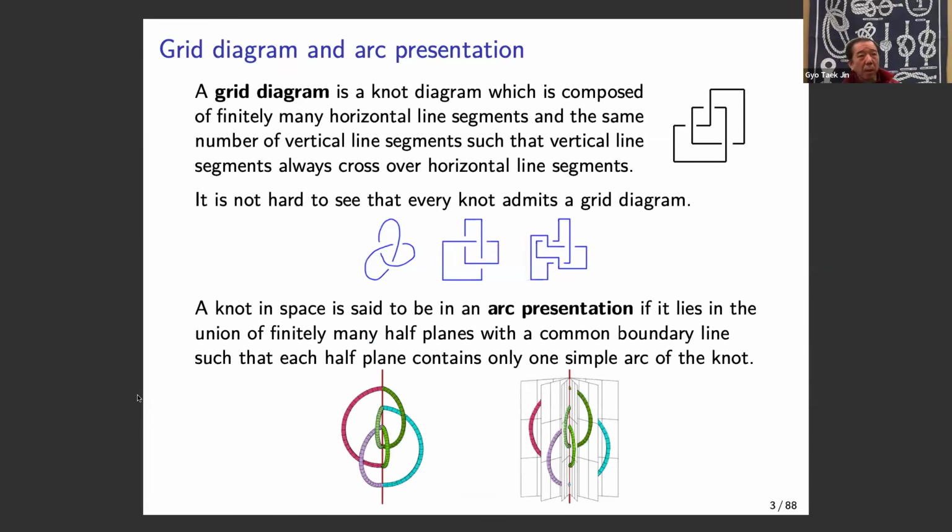And a knot in space is said to be in an arc presentation if it lies in the union of finitely many half planes with a common boundary line such that each half plane contains only one simple arc of the knot. The figure on the bottom shows the figure 8 knot in 6 pages, embedded in a 6-page open book.